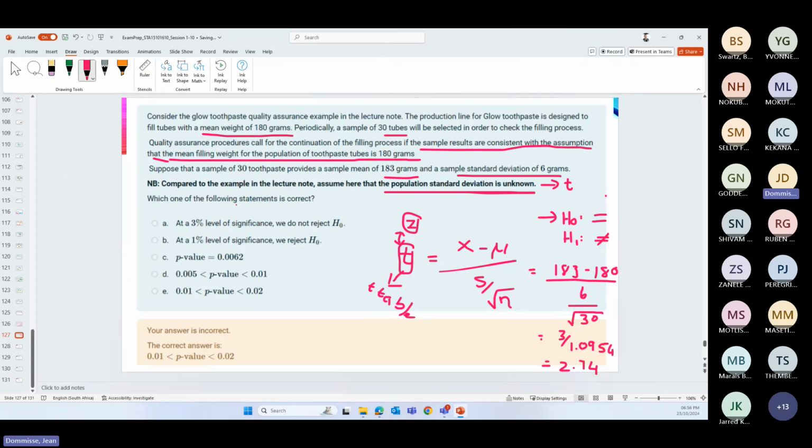Here they say all the 3% and 1% and all those kind of things. So let's look at the T with degrees of freedom of 29. Let's just go to that table and then scroll across.